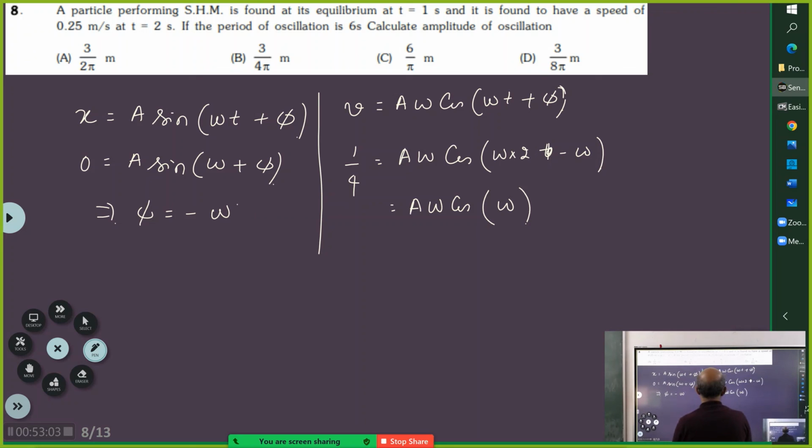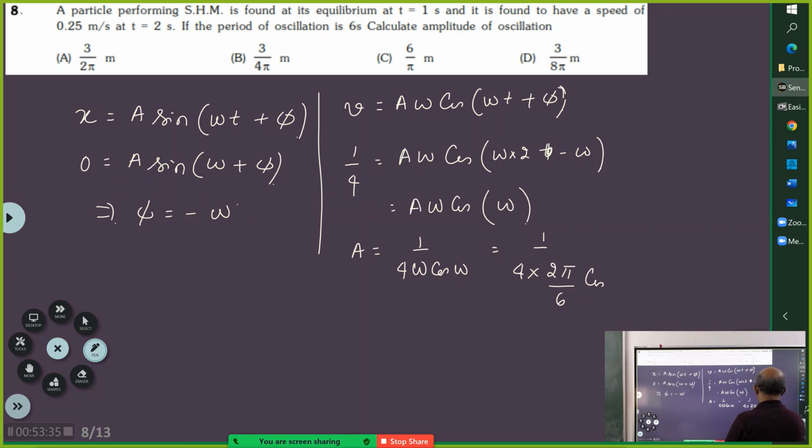So we need the amplitude of oscillation. What is the condition? The period of oscillation is 6. So 1 by 4 equals A times omega, which is 2 pi by T, that is 2 pi by 6, into cos of 2 pi by 6.